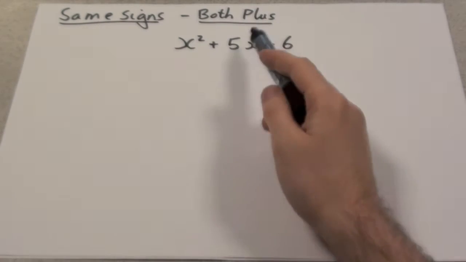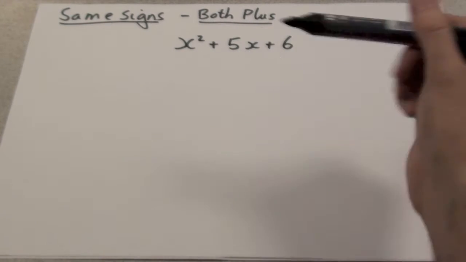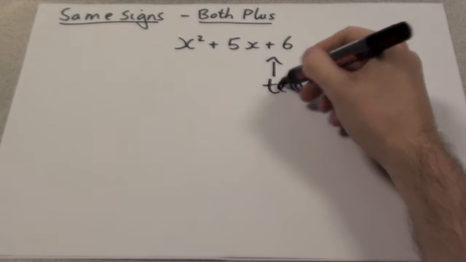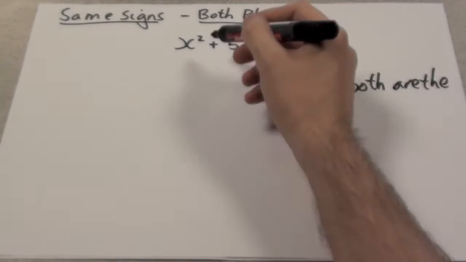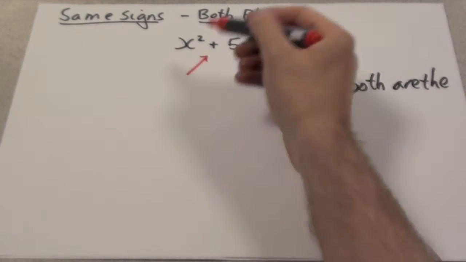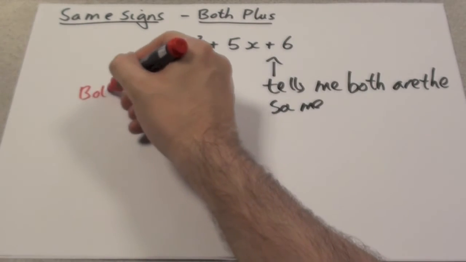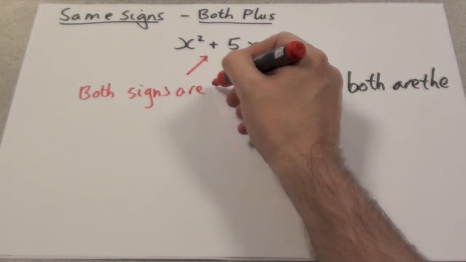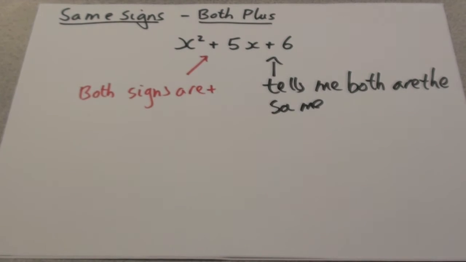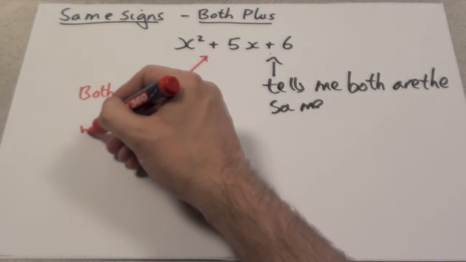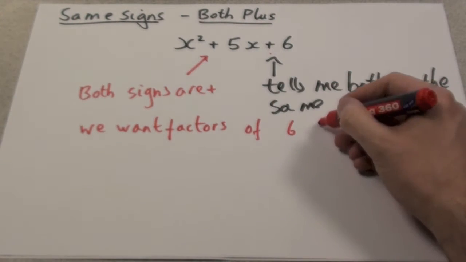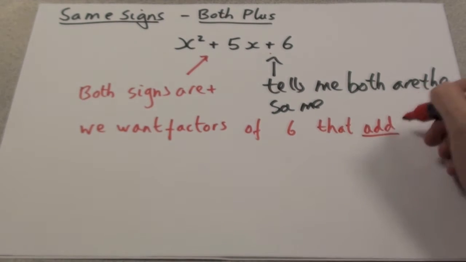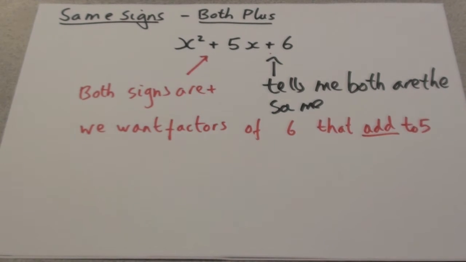So we're going to look at same signs with both plus. The last sign tells us that both signs are going to be the same. The first sign, the plus there, tells us that both signs are going to be plus. Now the last sign, because it's a plus, tells us that we want factors of the last number, 6, that add up to the middle number, 5.